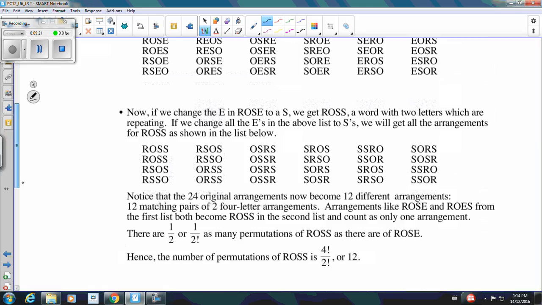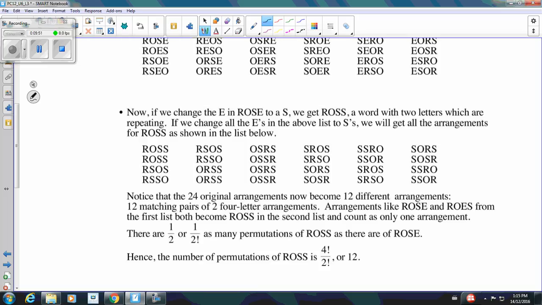Now, if we change the E in rose to an S, we get Ross, a word with 2 letters which are repeating. If we change all the E's in the above list to S's, we will get all the arrangements for Ross as shown in the list below. However, notice that the 24 original arrangements now became 12 different arrangements. So now things start to repeat. Right here I have Ross and Ross. Well, those are the same. And there's more repetitions as you go around.